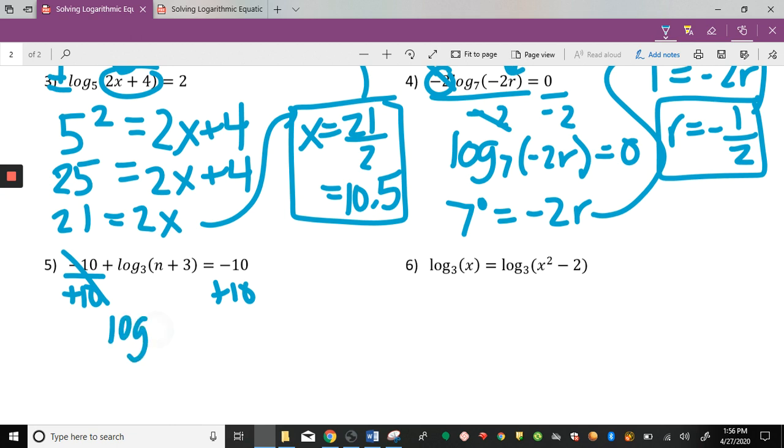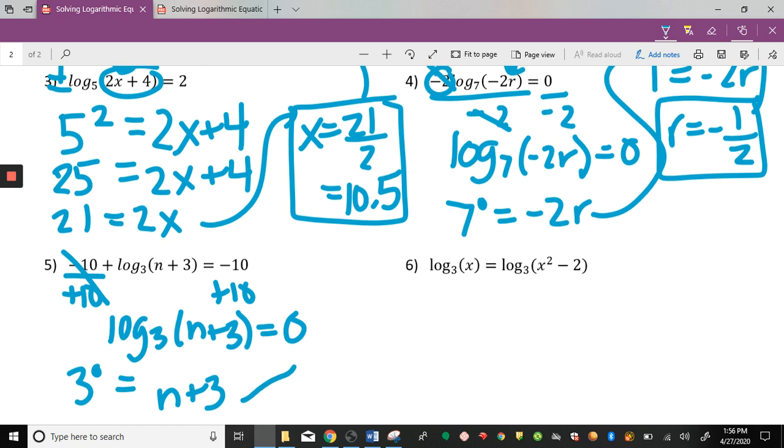I get log base 3 of n plus 3 equals 0. Now change it to exponential. 3 to the 0 equals n plus 3. So on and so forth here, guys. So we get 1 equals n plus 3, or n equals negative 2.